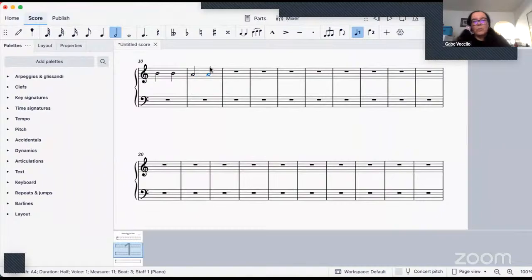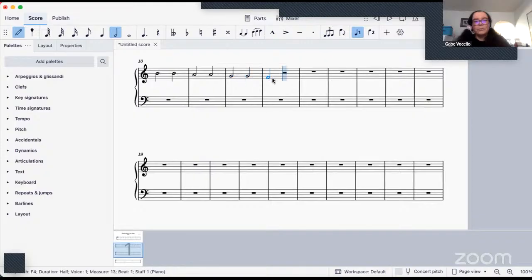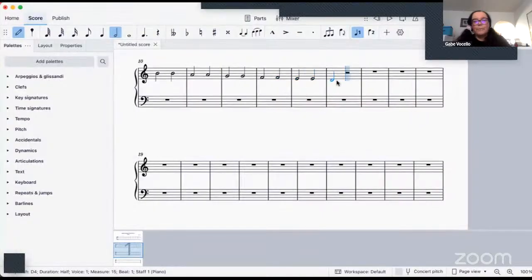So the stem is on the right side. Here, the stem is on the left side of the note head. This is the half note.